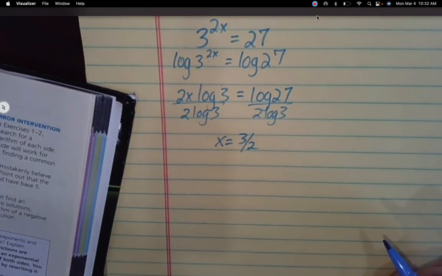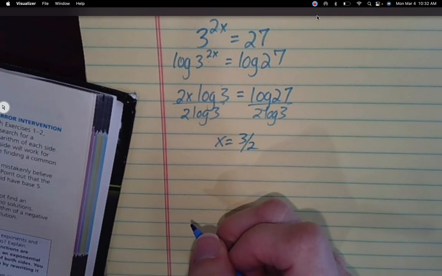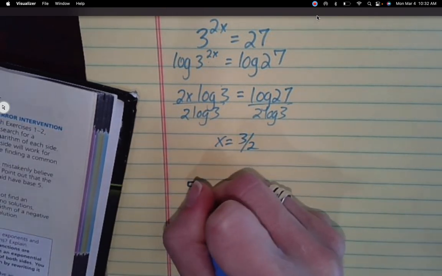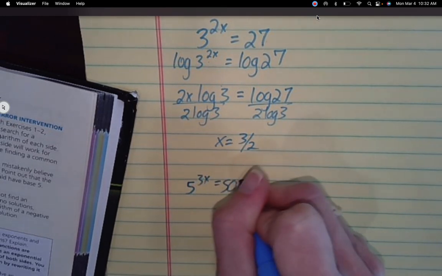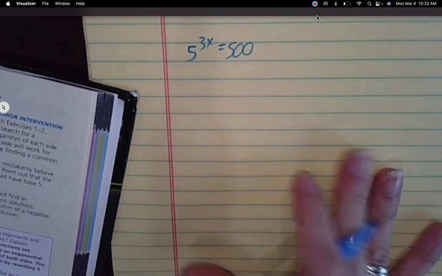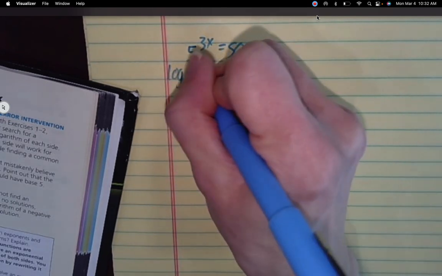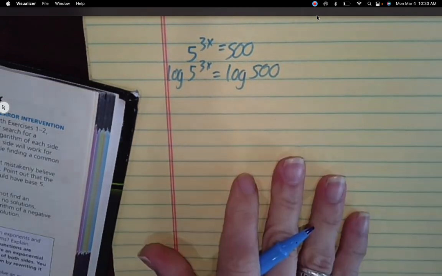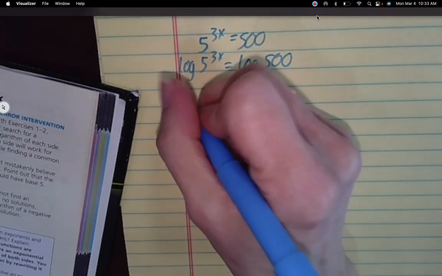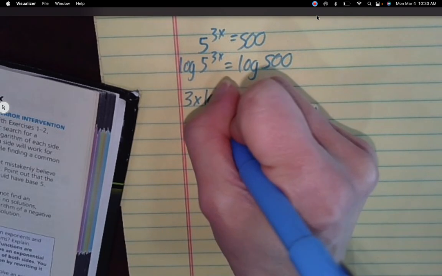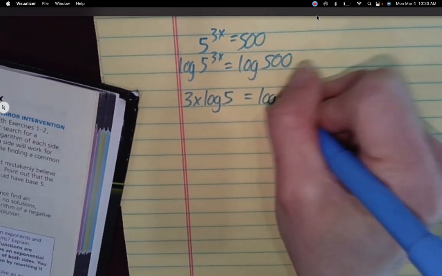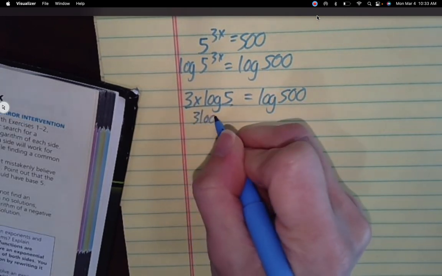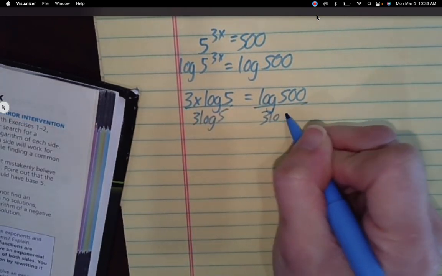So here's one. 5 to the 3x equals 500. So again, I need to get that exponent out. So I put log in front of both. What you do to one side, you have to do to the other. Exponent can go out front. And then divide to solve for x.